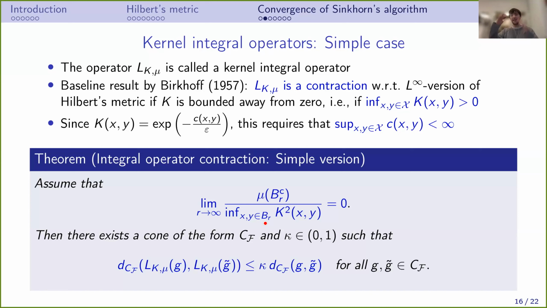So it's really a balancing of this tail decay compared to the growth of the cost c. If we have this condition, then really the same kind of result holds. Then we get that there exists such a cone of the form which we motivated, such that this kernel integral operator is really a contraction.